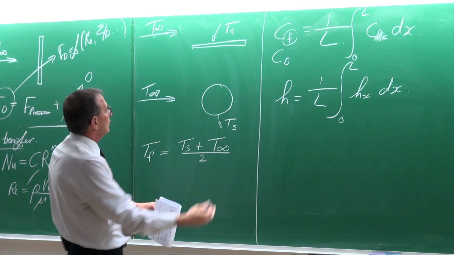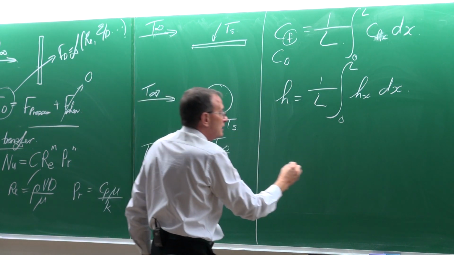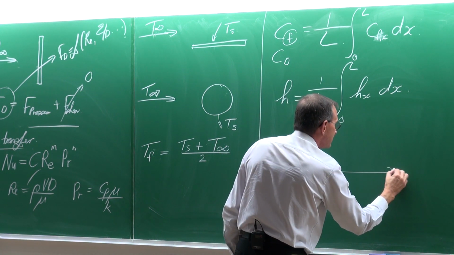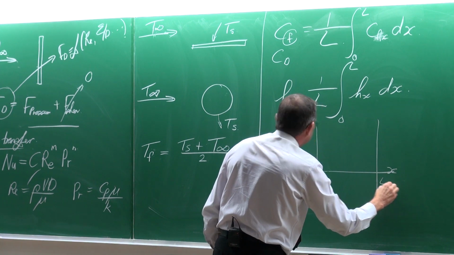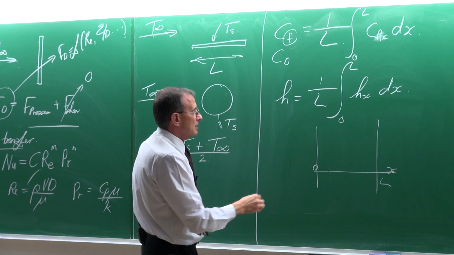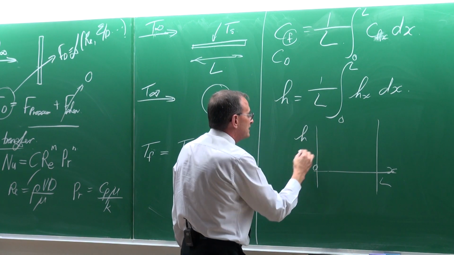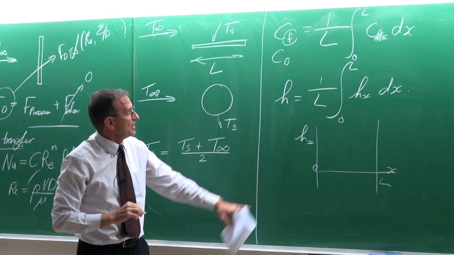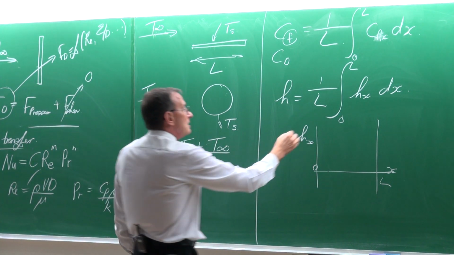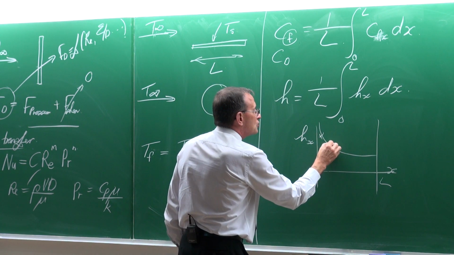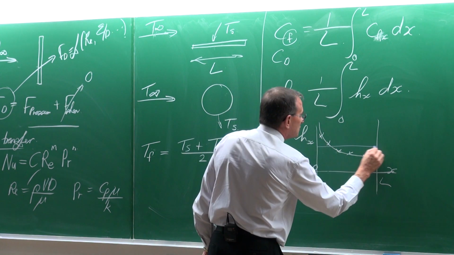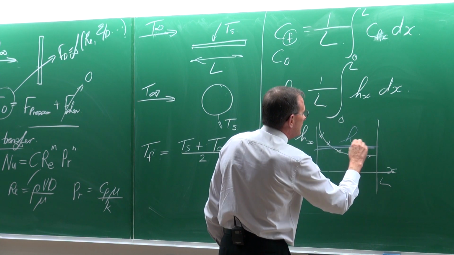What am I trying to say? Well, I'm trying to say that if we've got any type of body from 0 to x, and that is maybe the length of the body, L there, and we would like to know the heat transfer coefficients, and we plot Hx, x means it's a local, the local values, then with experiments we are going to determine values like that, but as engineers we are typically interested in getting the average value.